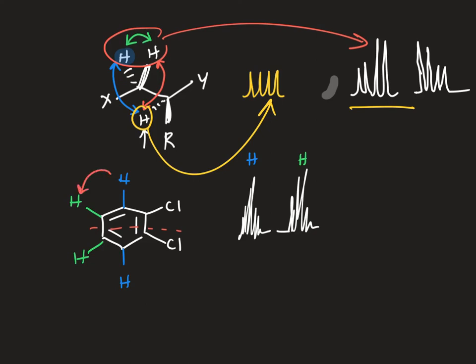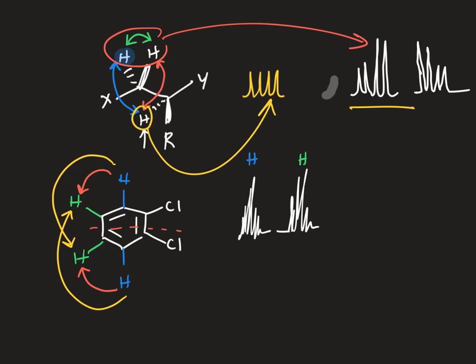So the relationship of this blue one to that green one is the same, right? But what about the relationship of this blue one to that green one, versus this blue one to this one, versus this one to that one? They're different, right?